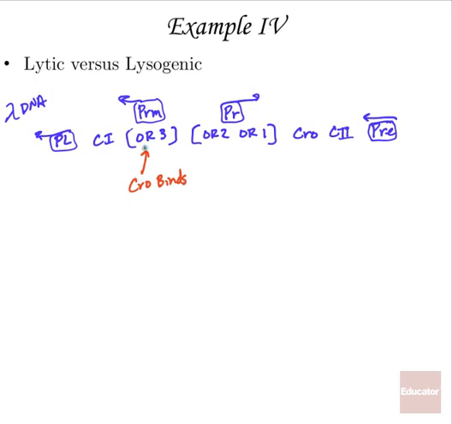When CRO binds here, by the way, sorry, PL, PRM, PR, PRE, those are all promoters, and that's why they have directionality, which is the way they will promote transcription. So we have three of them pointing in the leftward direction, and just PR pointing in the right direction. If CRO binds this OR3 region, then that will block the PRM promoter.